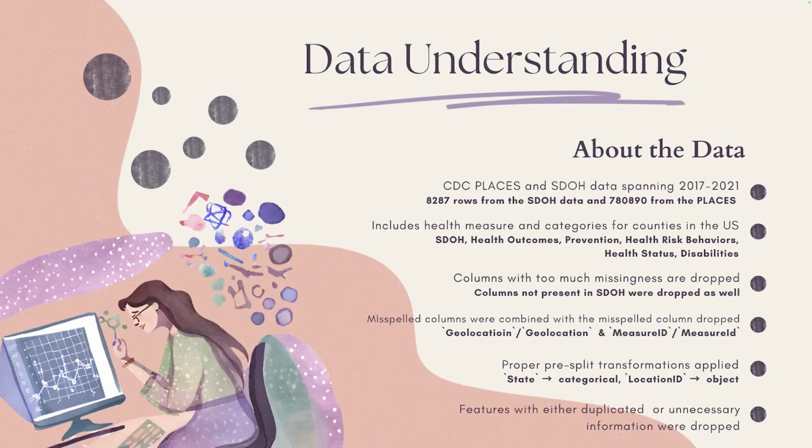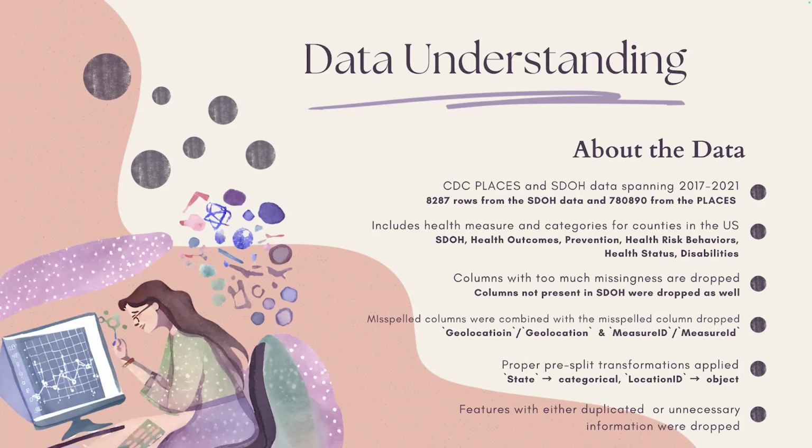It included health measures and categories for counties in the US. And those are the health measures down there: SDOH, health outcomes, prevention, health risk behaviors, health status, and disabilities. I did have to take away columns with too much missingness. Columns not present in SDOH were dropped also.